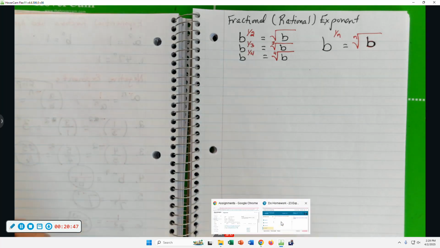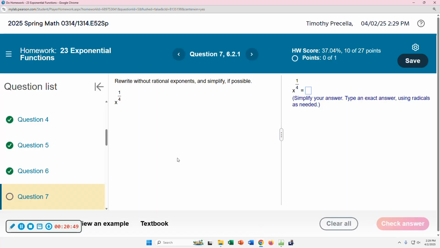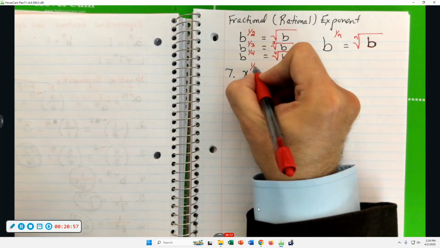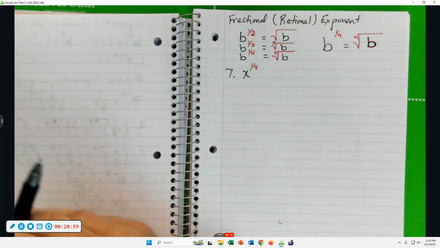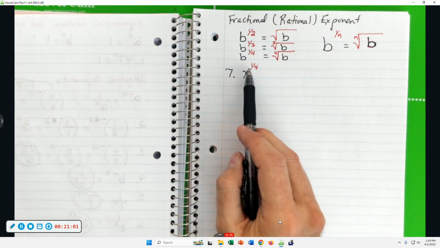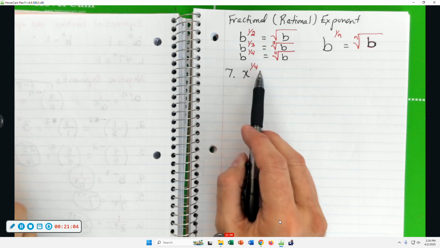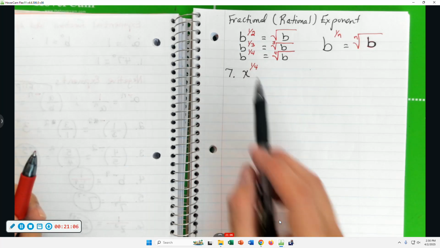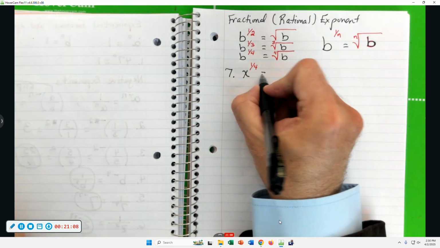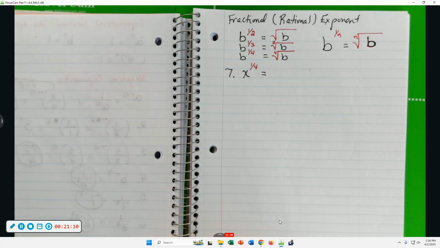So what's number 7? Rewrite without a rational exponent, x to the 1/4 power. It's just the formatting. I would prefer if they wrote the 1/4 exponent sort of like this, with a slanted bar, rather than the way they have it. Well, okay.